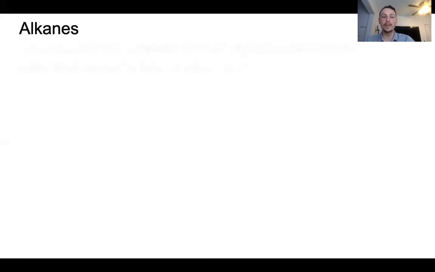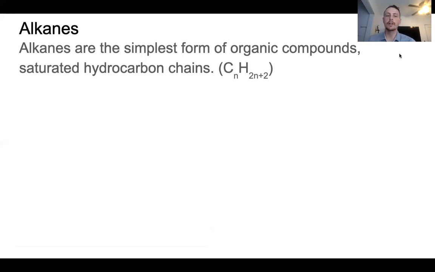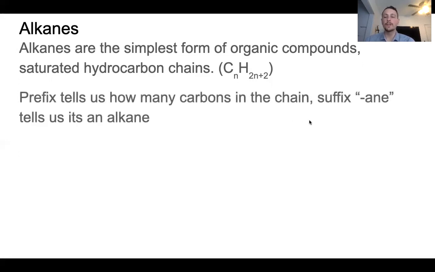So, an alkane is the simplest form of organic compound, and it is any saturated hydrocarbon chain. So alkanes are saturated hydrocarbons, meaning they only have single bonds between the carbons. All alkanes have 2 parts to their names.